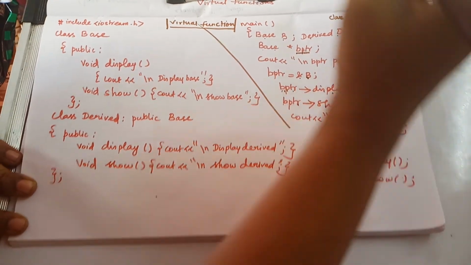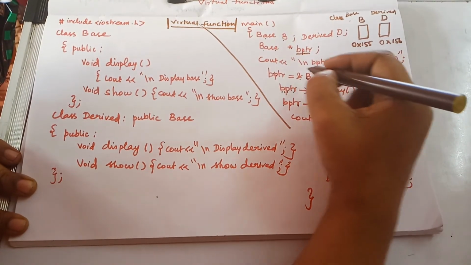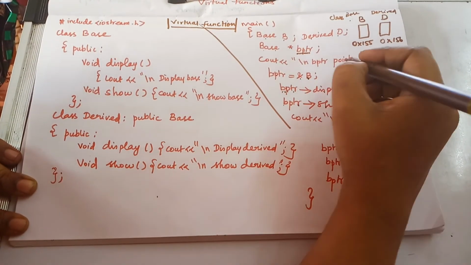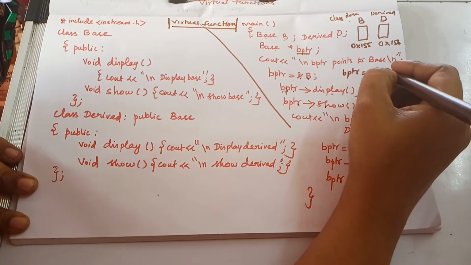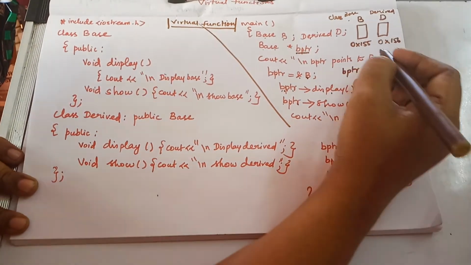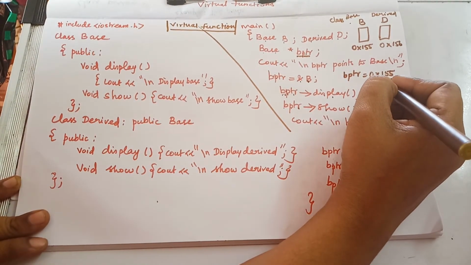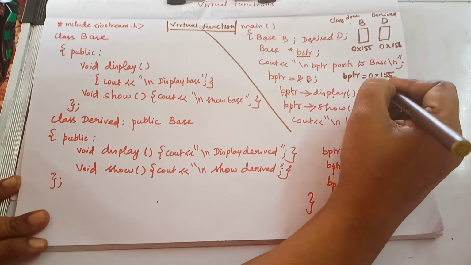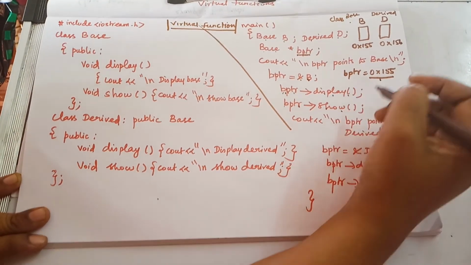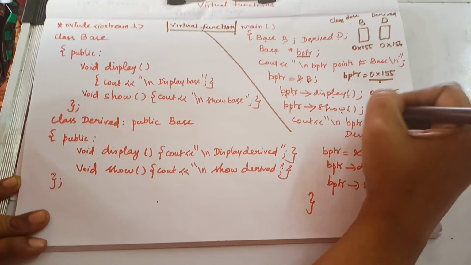Now BPTR, the pointer variable, is equal to address of B. What is the address of B? BPTR now holds the address 0x155. For this address I am calling the member functions display and show.